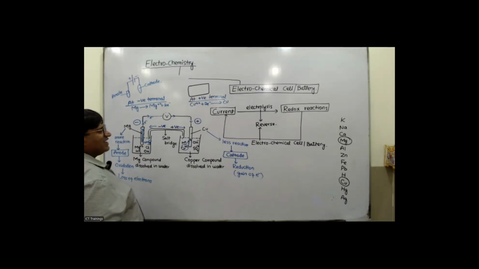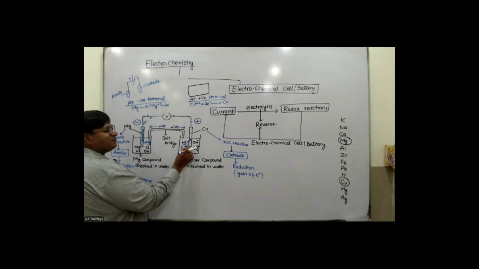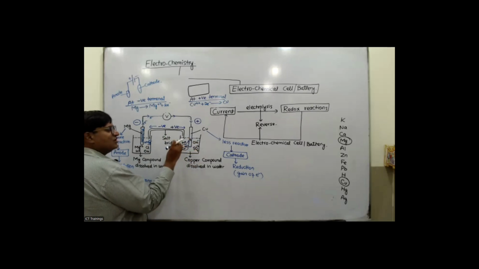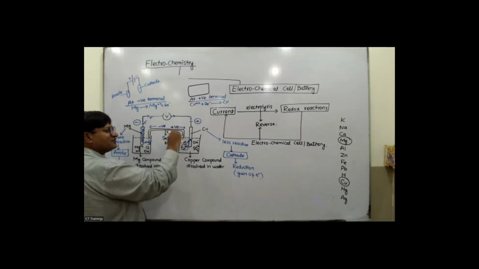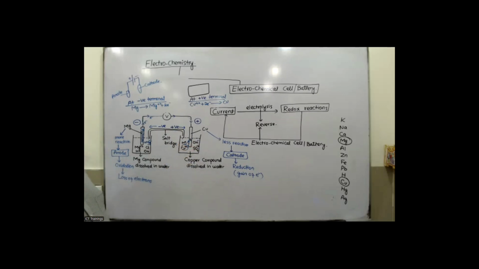Okay, and just like that, these are the positive ions. These positive ions, my dear, are basically decreasing. Negative ions are increasing. So the positive ions would come from the salt bridge and neutralize these negative ions.